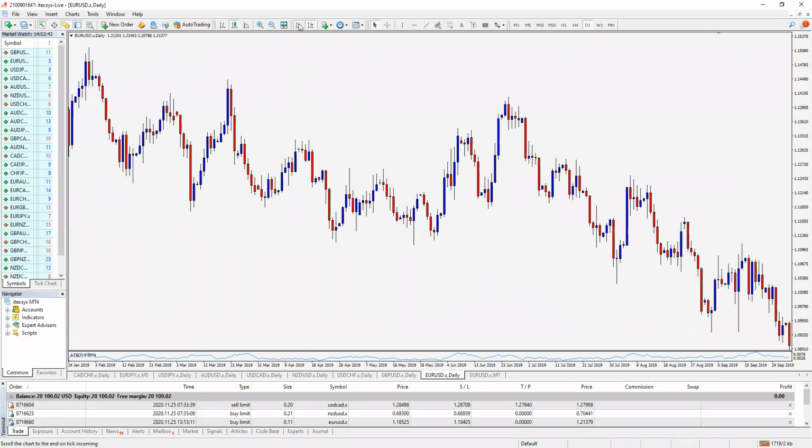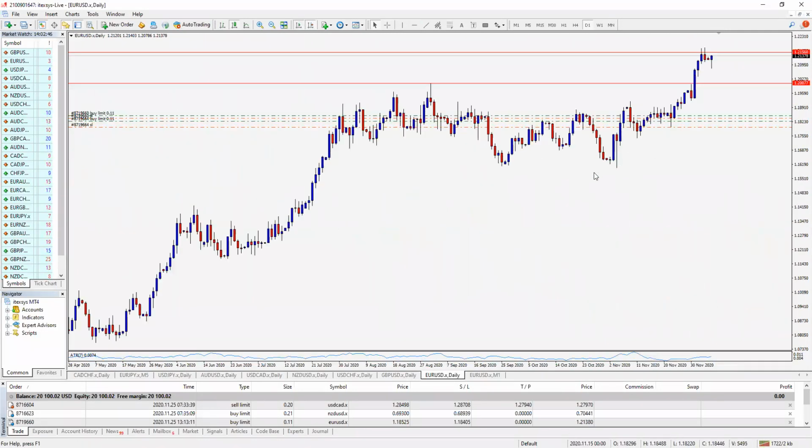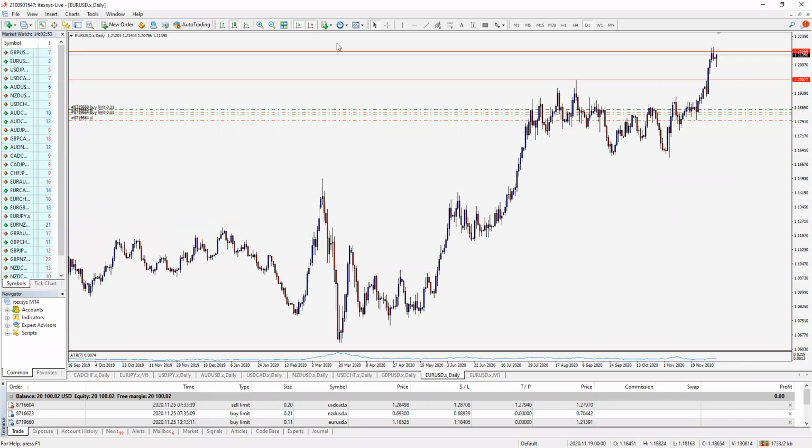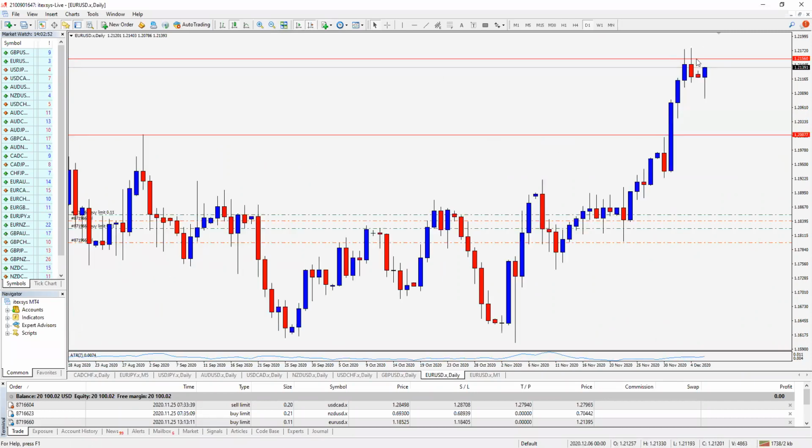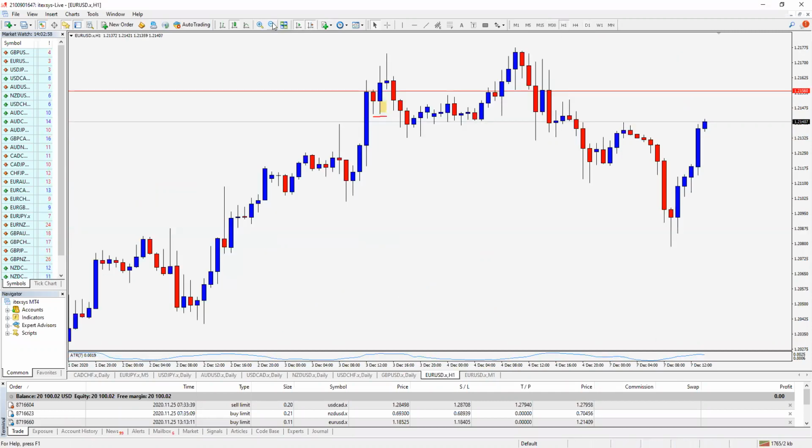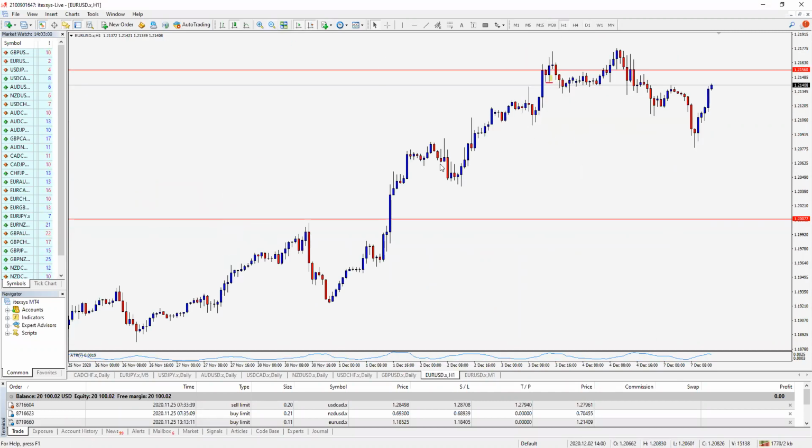However, our bias, of course, is bullish. We did have this stop, but we can see even today we've already gone down. I guess we tested some demand back here, and we're trending upwards as well.